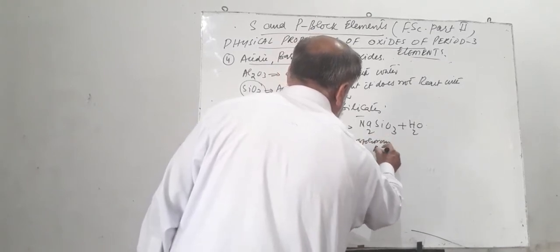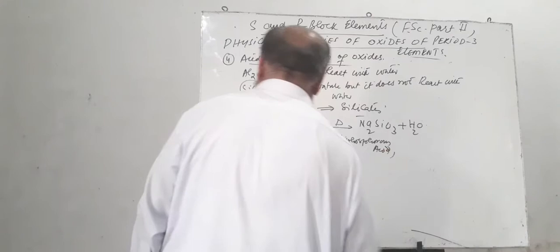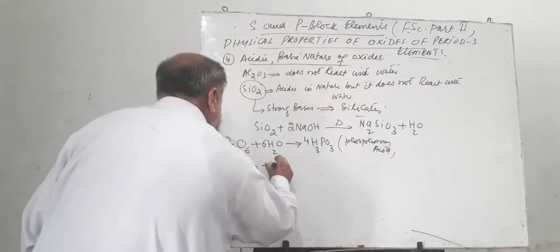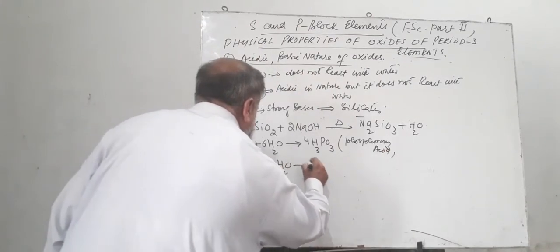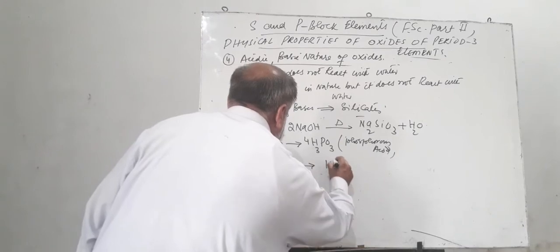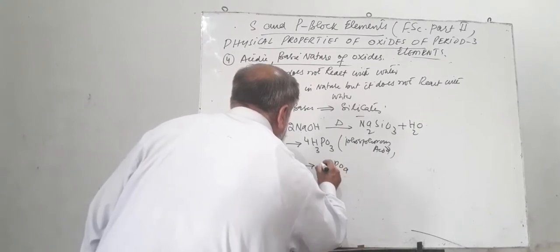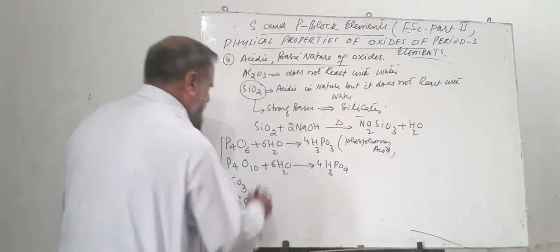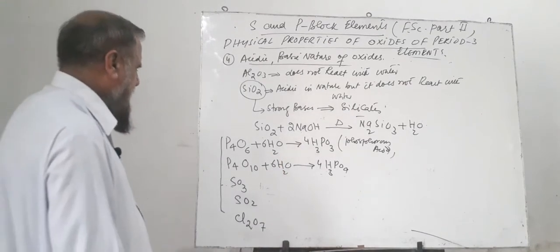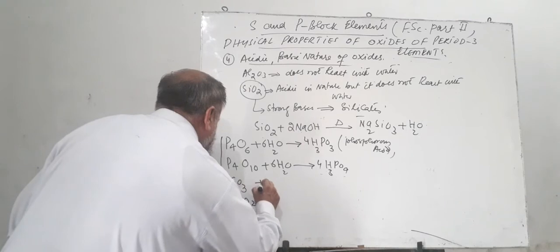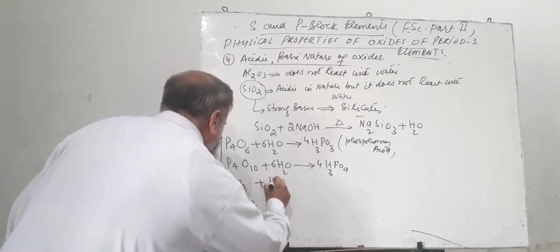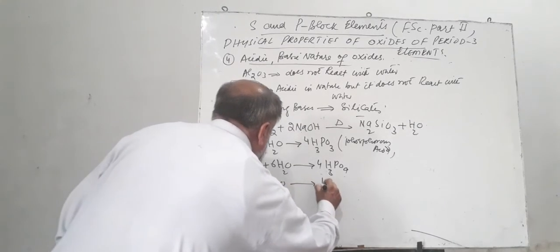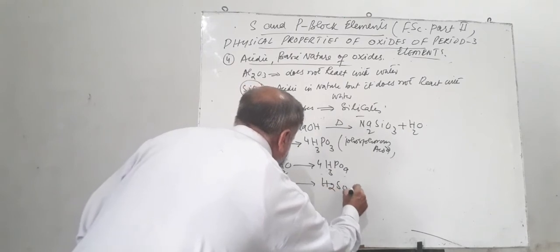So P4O6 reacts with water to produce phosphorus acid or orthophosphorus acid. P4O10 also reacts with water and produces phosphoric acid H3PO4, orthophosphoric acid, 4H3PO4, with 6H2O. Sulfur trioxide reacts with water and produces sulfuric acid H2SO4.